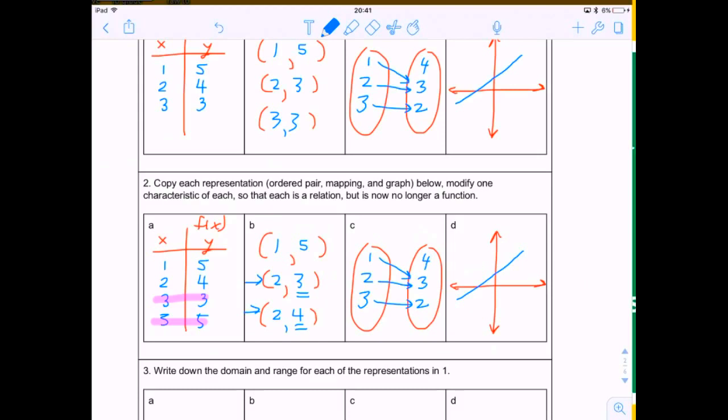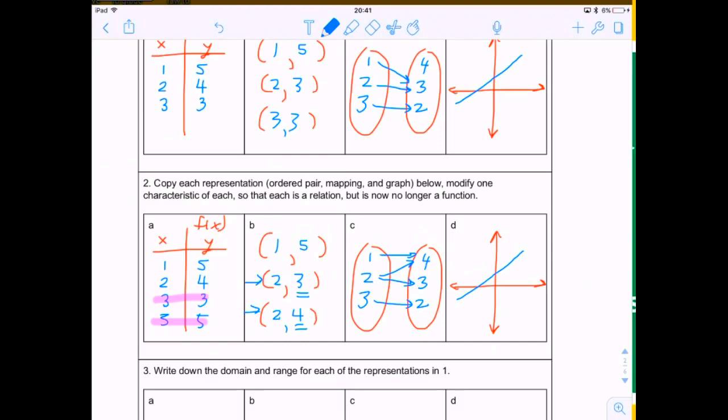In the mapping diagram, instead of having 2 numbers in the domain pointing to 1 number in the range, I'm going to do the opposite. I'm going to have 1 number in the domain pointing to 2 different numbers in the range. So I have 2 pointing to both 4 and 3. Okay.